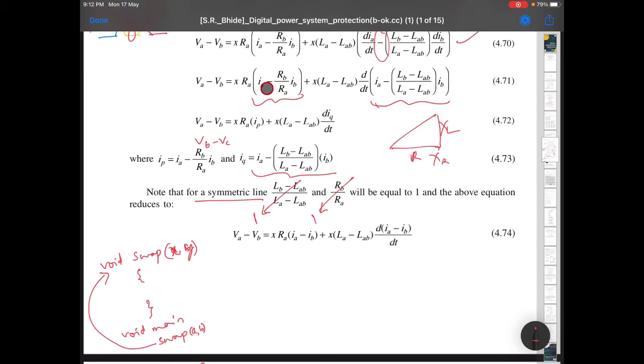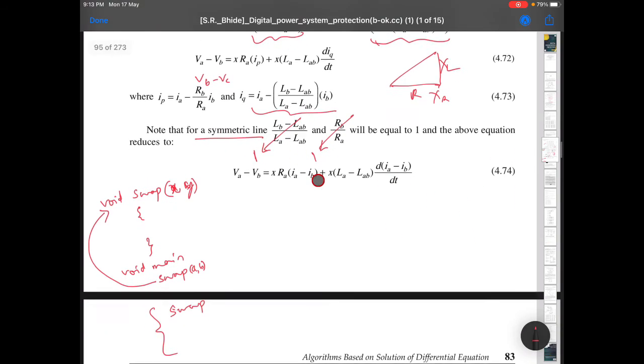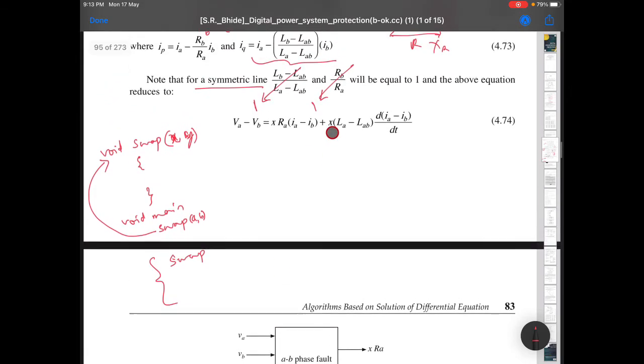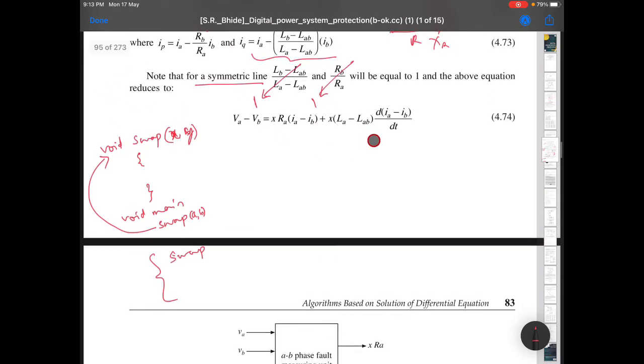Equation 4.71: here IA minus RB by RA is 1, IA minus IB, and IA minus this term is also 1, so it is only IB. So from the 4.71 equation we get 4.74 when we consider it as a symmetrical line. So that's it, this is the equation.